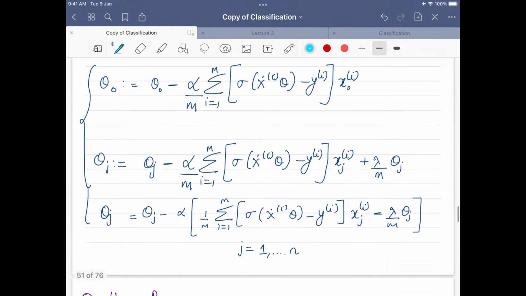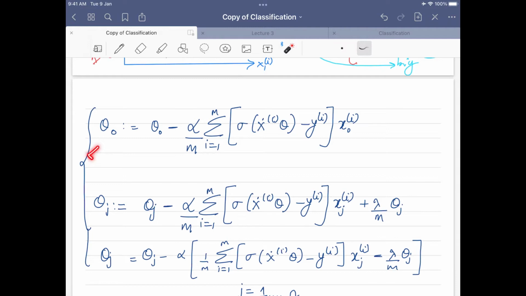So here you have the expression for theta 0 and this is the expression for theta j, and you can code yourself and derive these equations and do the gradient descent. Now I think you are pretty confident in the contents. We have already done a similar type of thing in linear regression. You can do a similar thing for your logistic regression also.